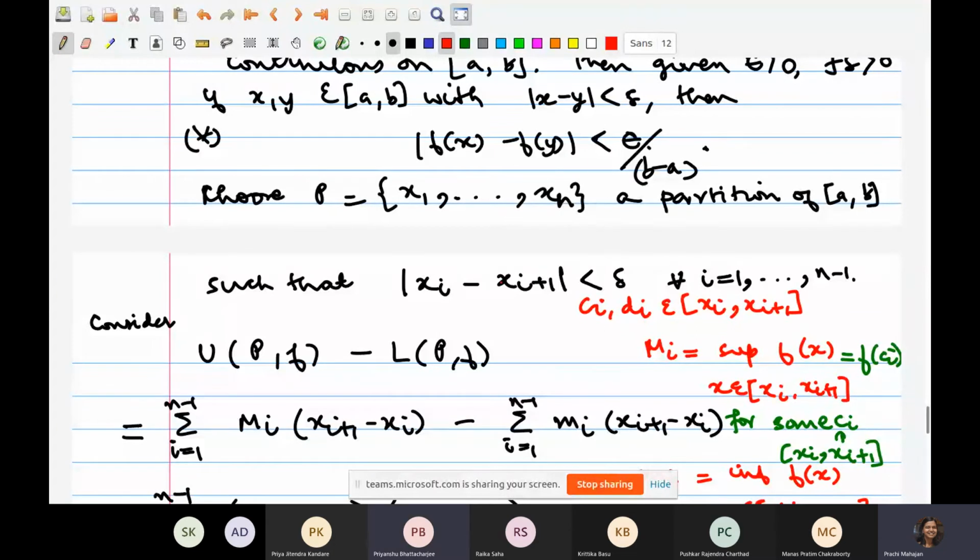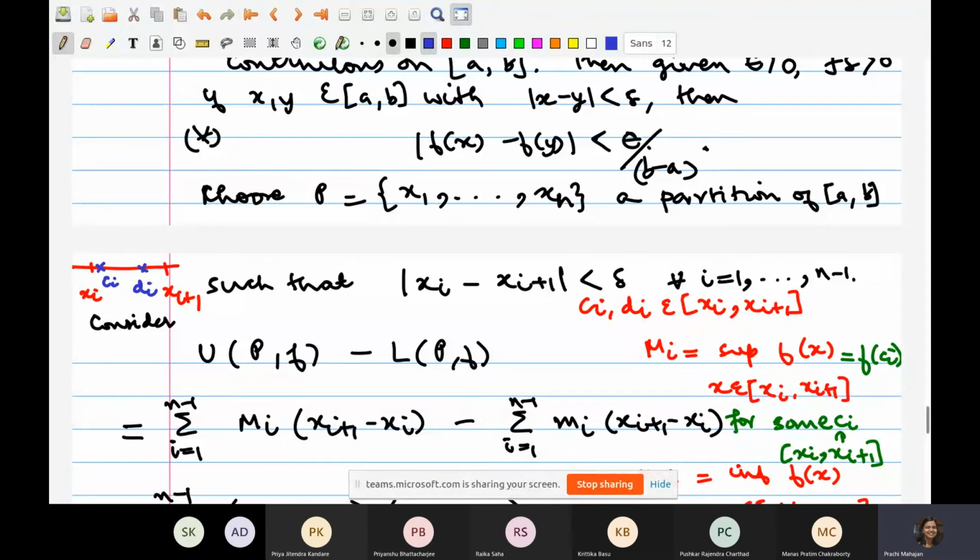And we have been very careful in choosing the points of this partition. The points of this partition are chosen such that they are at most delta distance apart. So if, let's say, xi is here and xi plus 1 is here, ci and di are inside this. At most they are the endpoints, but that's okay. Doesn't matter.